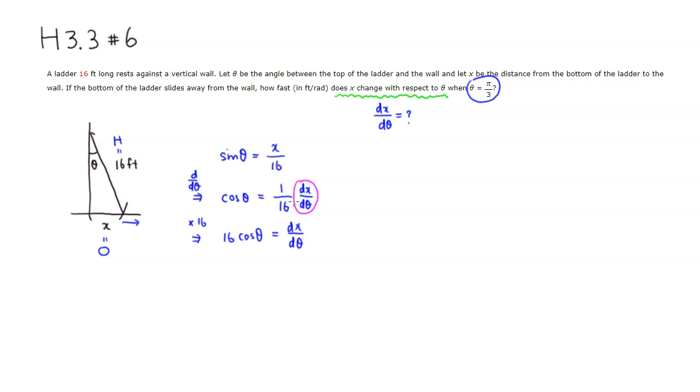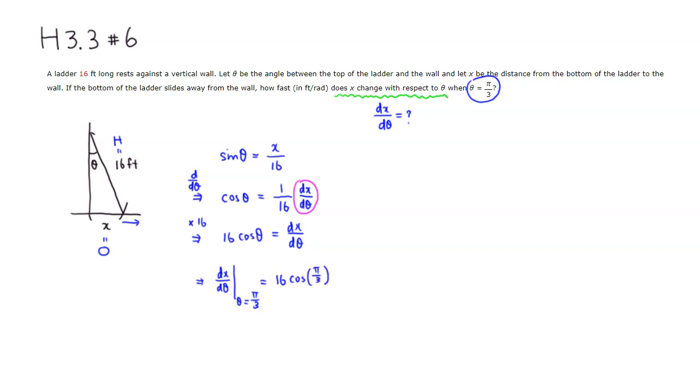All right, so we know that pi over 3 is the theta value, so we plug it in. We want dx over d theta when theta is equal to pi over 3, which means it's just going to be 16 times cosine of pi over 3.